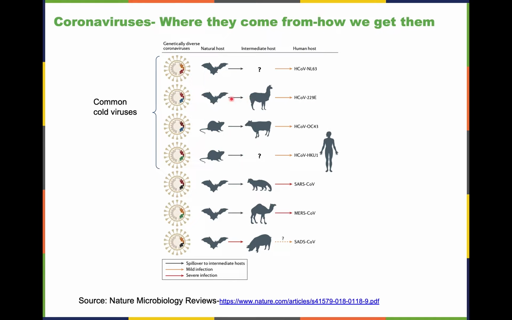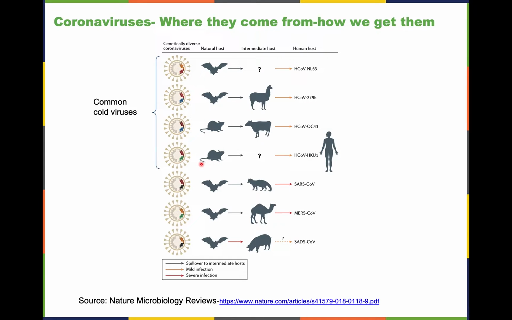So, for example, for a couple of cold viruses, according to sequence analysis, scientists are pretty confident that the original coronavirus lived in bats, and then it went into these, I think, emus. I don't know what you call this organism, and then it was transferred to human beings. In this case, the coronavirus lived in rodents, and then it was transferred to cows, and then it was transferred to us.